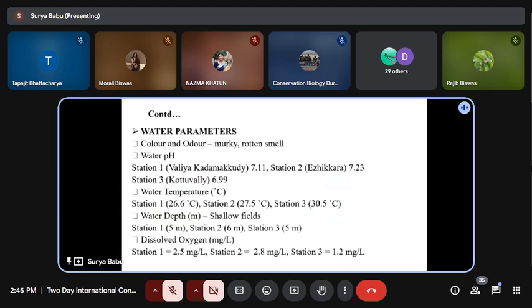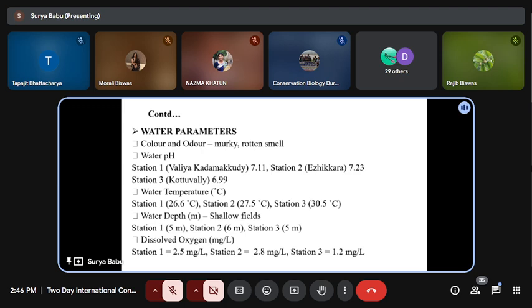Then the water parameters, the color, odor, pH, temperature, dissolved oxygen, etc. were analyzed. The water was not much polluted, but it was not fit for drinking. Water pH was slightly acidic at station 3. Temperature was very high at station 3. The water depth varies from 5 to 6 meters.